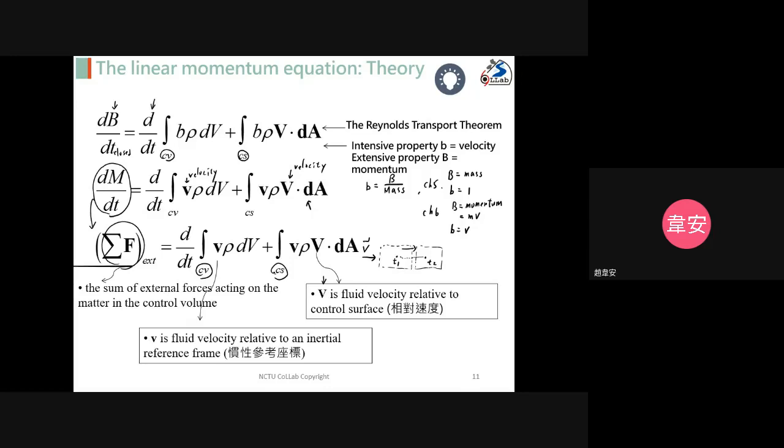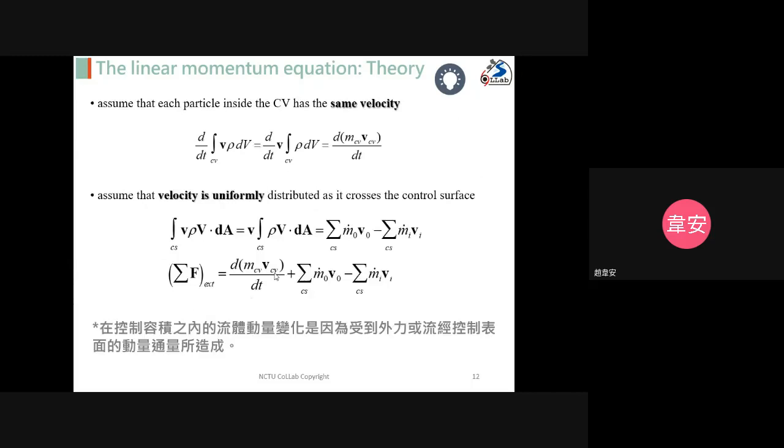In that way, we have the inflow momentum flux and the outflow momentum flux, and we make the balance.